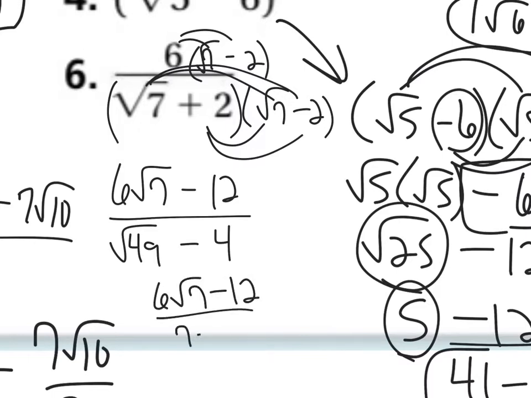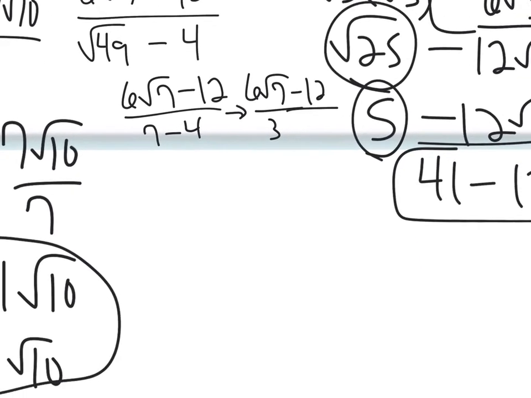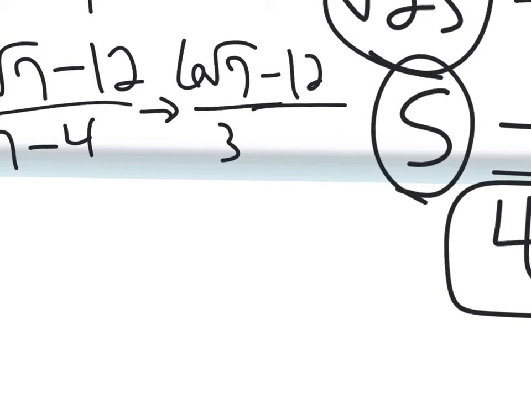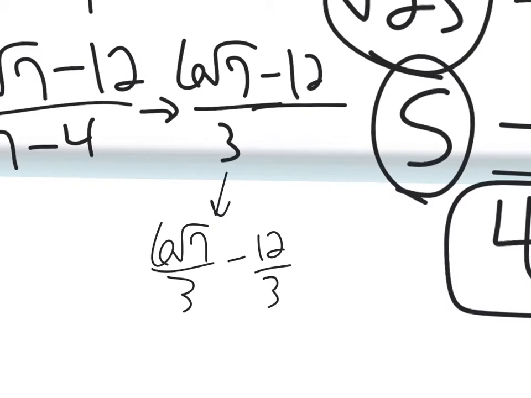Square root of 49 is 7. 7 minus 4 is 3. And these are both divisible. So again, if you wanted to wait to distribute in the numerator, you could have done that, I guess, because at this point both of these will be able to be divided out.